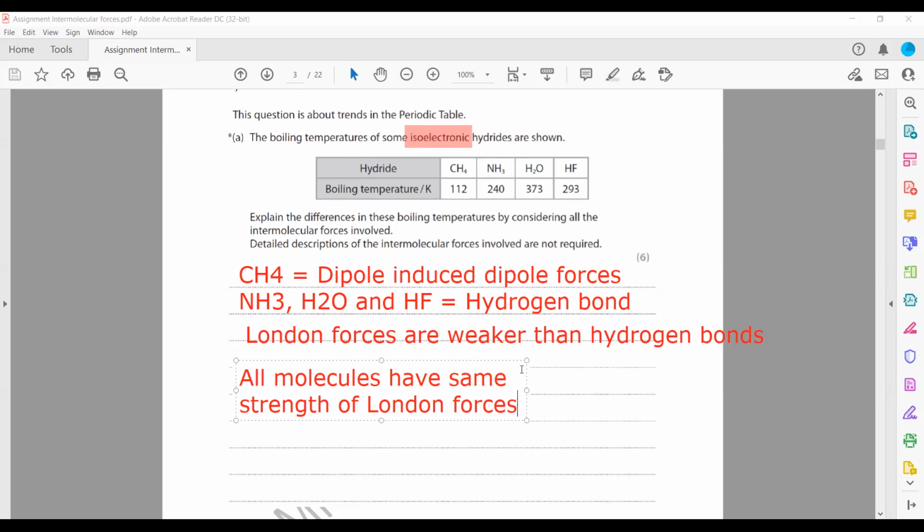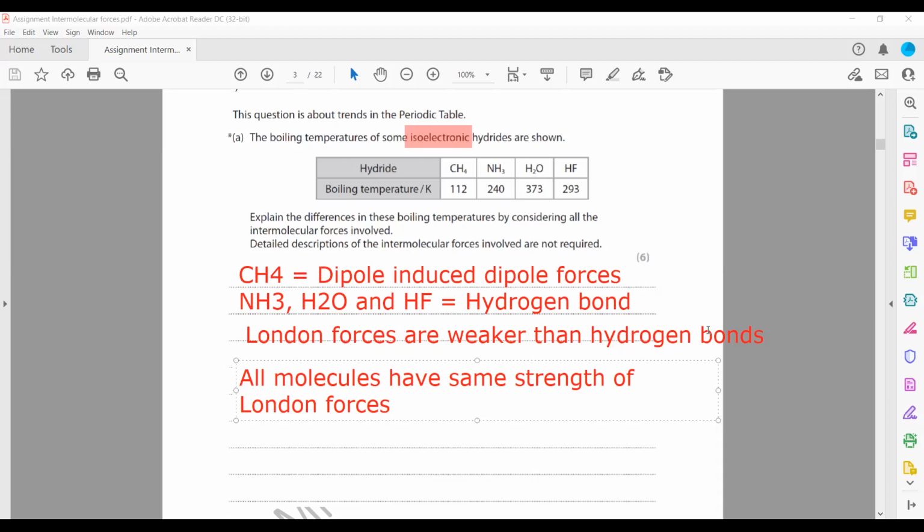The first point, when we mention methane has dipole induced dipole force, it is referring to a major force. There is dipole induced dipole force in ammonia, water, and hydrogen fluoride too, but in the beginning we do not mention it because we were talking about the major force.